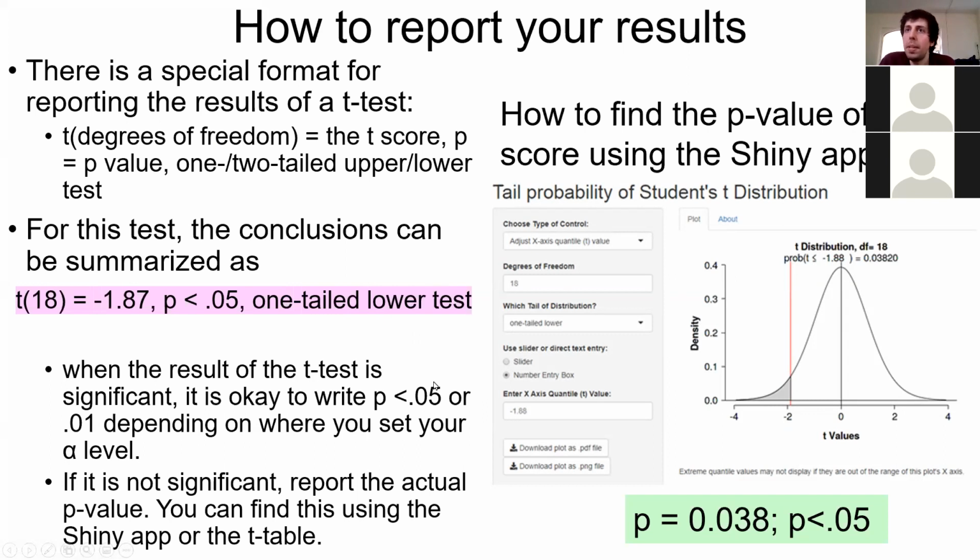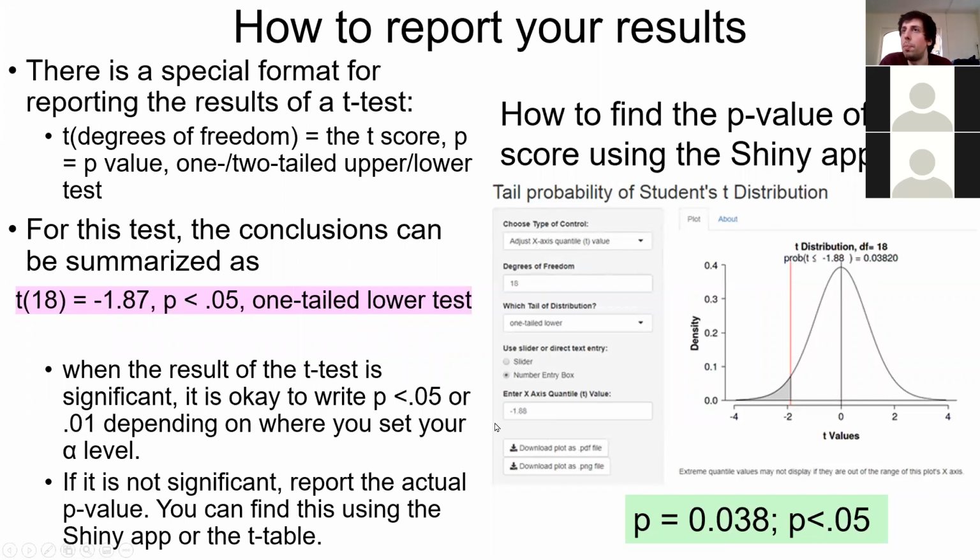If you want to find the p-value of your t-score, if you just want to know it, or you want to be able to report it if you got a finding that wasn't statistically significant, you would go to the Shiny app, and instead of doing the adjust probability option in this first box on this drop-down menu, you would choose the adjust x-axis quantile value for the same degrees of freedom, for the same kind of tailed test, and you would put in your t-score.